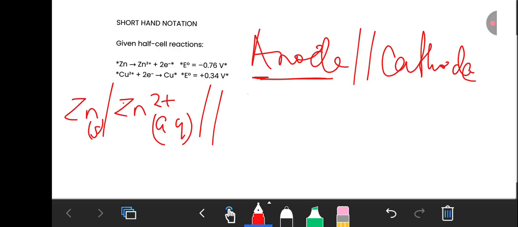Then we put these two parallel lines to separate the two cells, since a galvanic cell is always made up of two cells, and they are connected by a salt bridge. Then you start with what is undergoing reduction, so it is copper 2 plus, in aqueous.